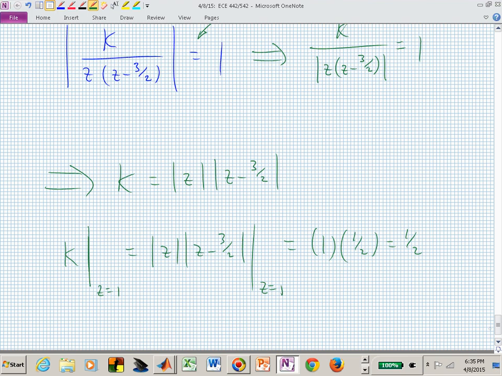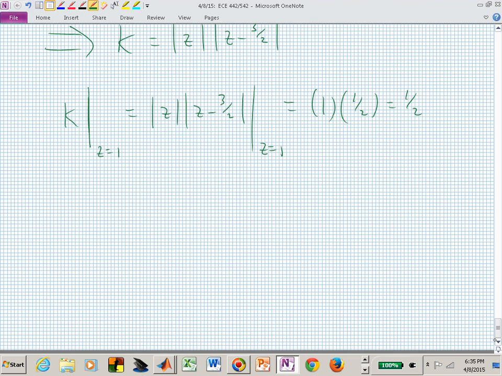We found that one of them better be at 1. So now what are the closed loop poles when k is equal to 1/2?